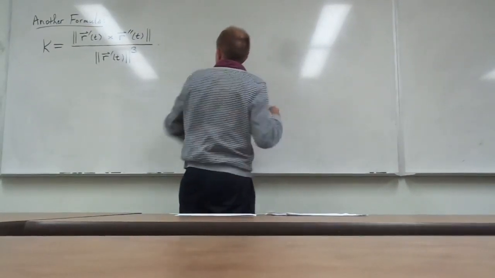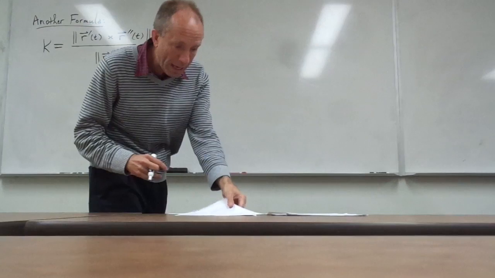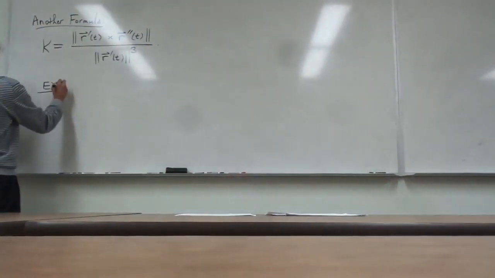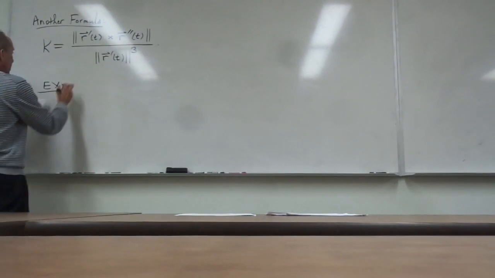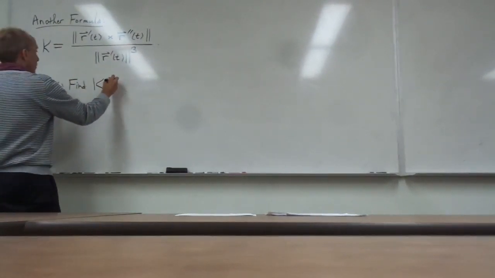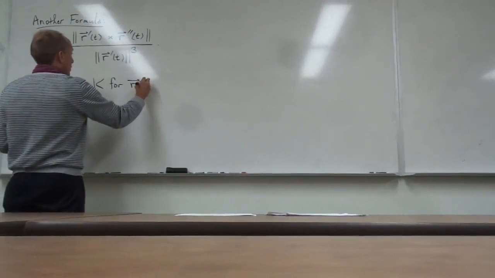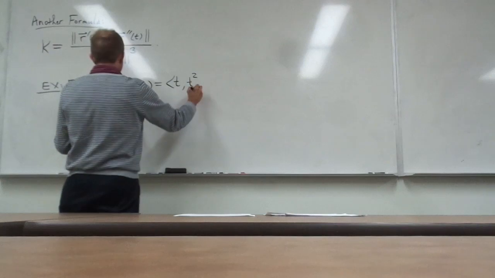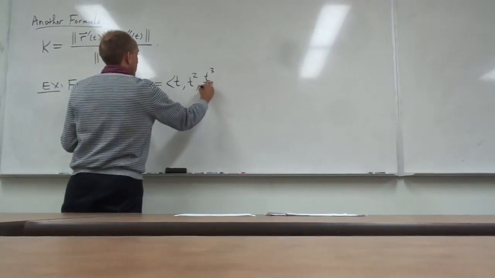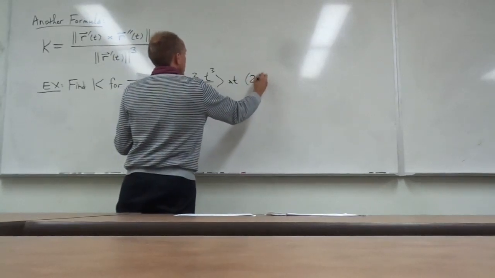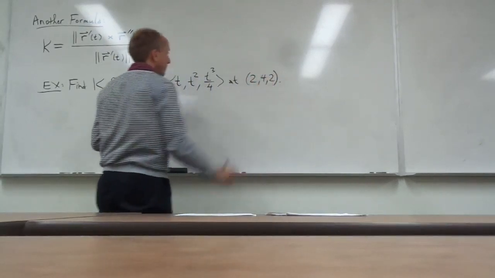So if we use this formula, things get even a little bit more straightforward. For example, find the curvature, find kappa, for r of t equals t, t squared, and t cubed over 4 at the point 2, 4, 2.